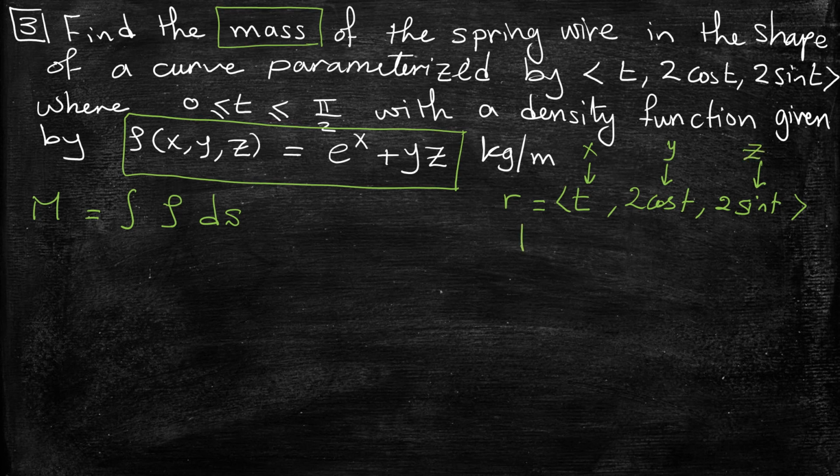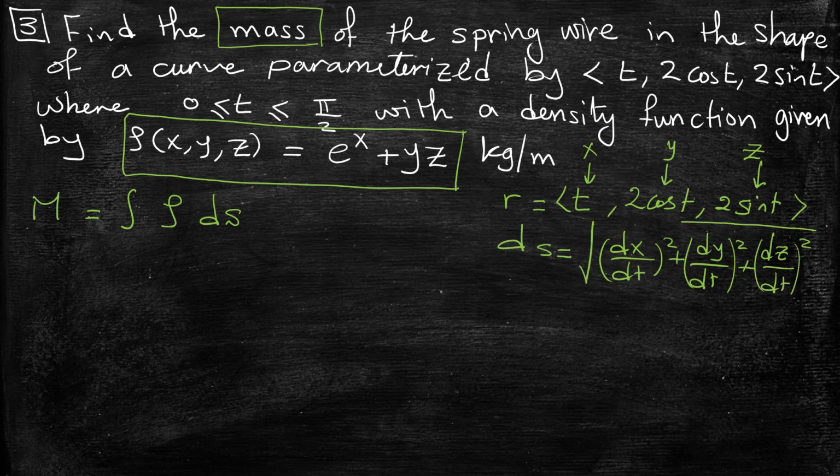So again, the s will be the same formula: dx over dt squared plus dy over dt squared plus dz over dt squared, the sum of the squares under the square root, and then dt.